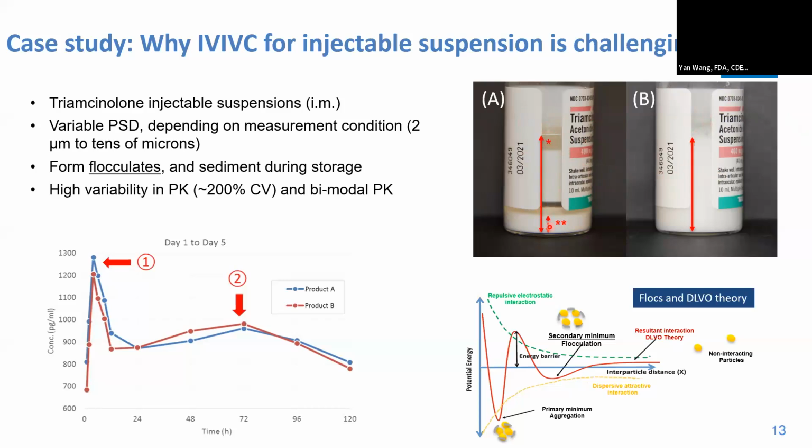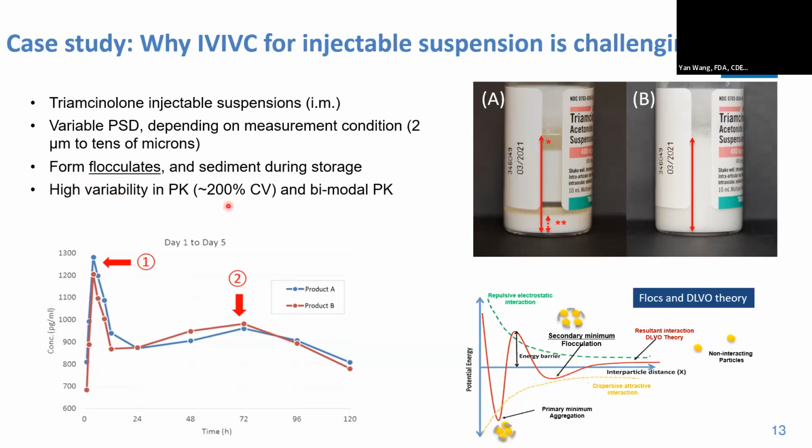Depending on the measurement condition, the particle size could vary from 2 micron to 10s of micron. This particular formulation is designed to stay at the secondary minimum flocculation stage to give enough physical stability to allow redispersion post the shelf life.